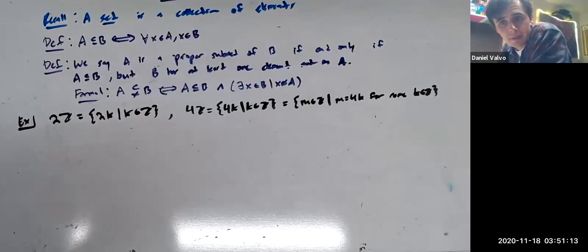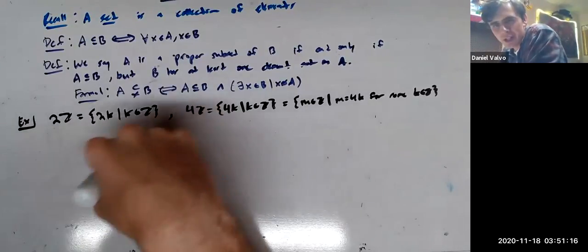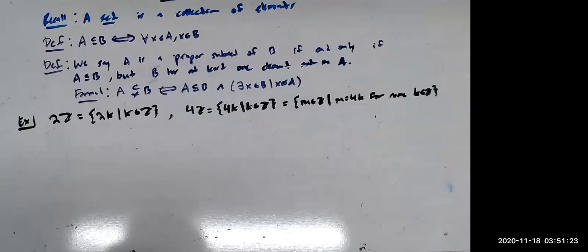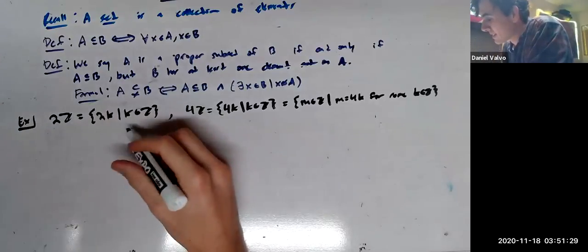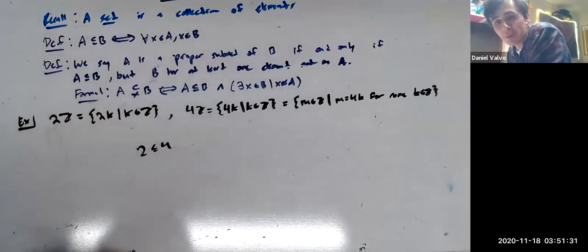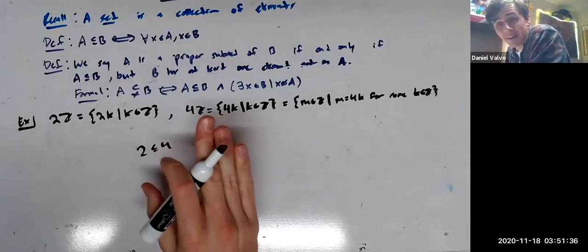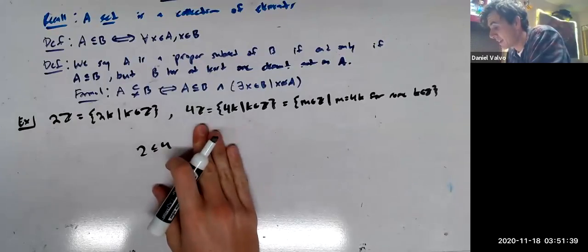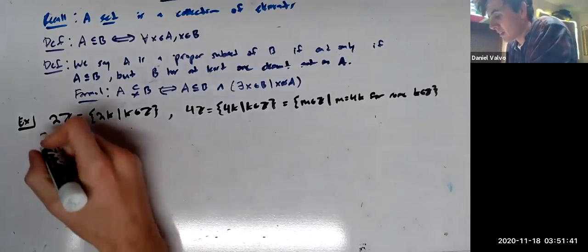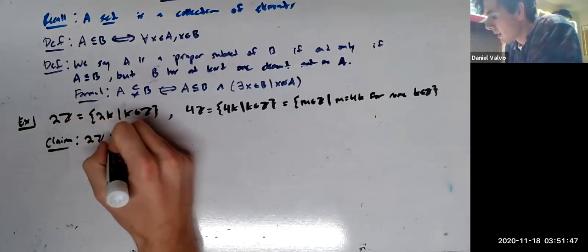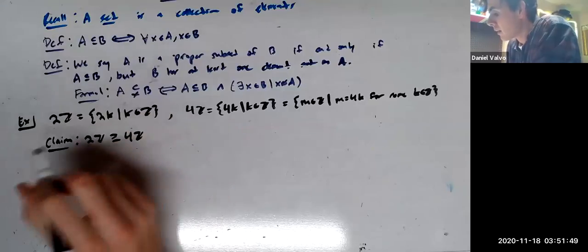Here's the question. What's their relationship? 2Z is in 4Z. No, backwards, 4Z is in 2Z. It might look like that, right? The weird thing is that 2 is less than 4, so you might think 2Z is inside 4Z if you don't think about it a lot. But when you think about it for two more seconds, like Toru did, you see that 2 less than 4 is the exact reason why 2Z contains 4Z.